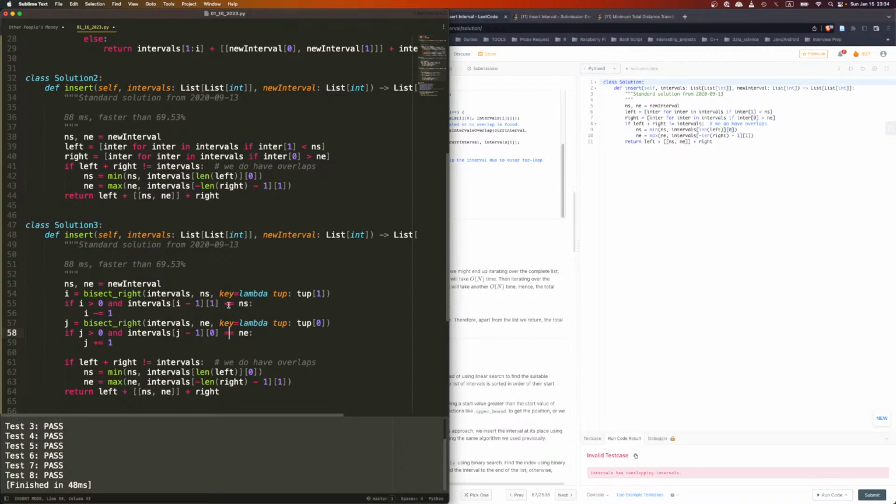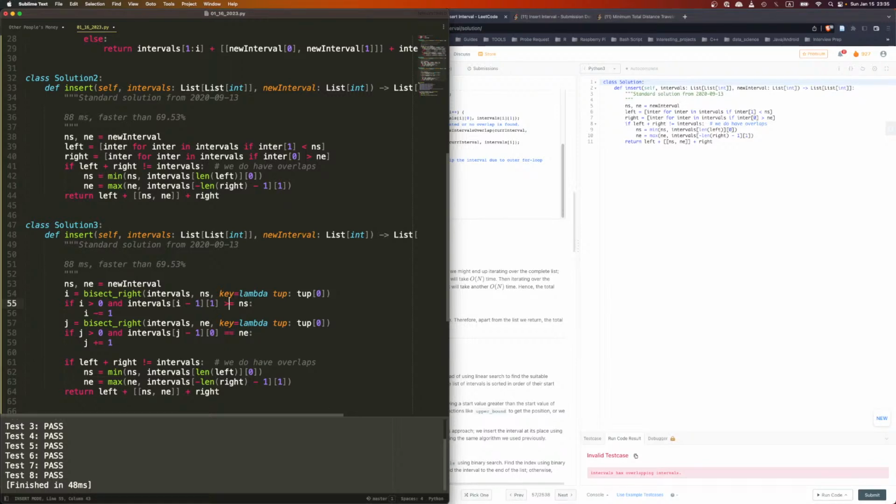So we go to the previous one. Wait, we're comparing... no, this still has to be 0. We go to this one, i minus 1. So if this is larger or equal to, that means we have overlap.